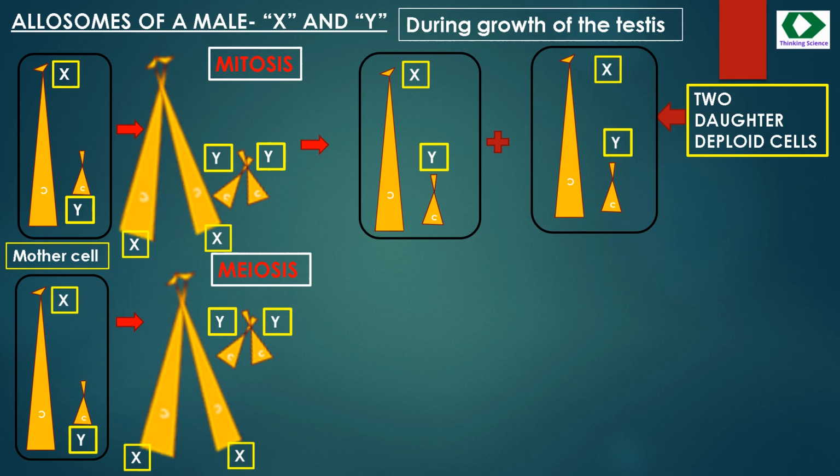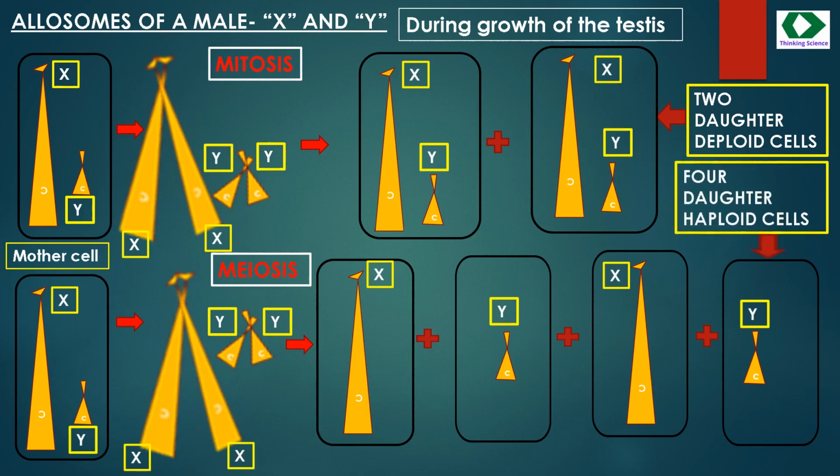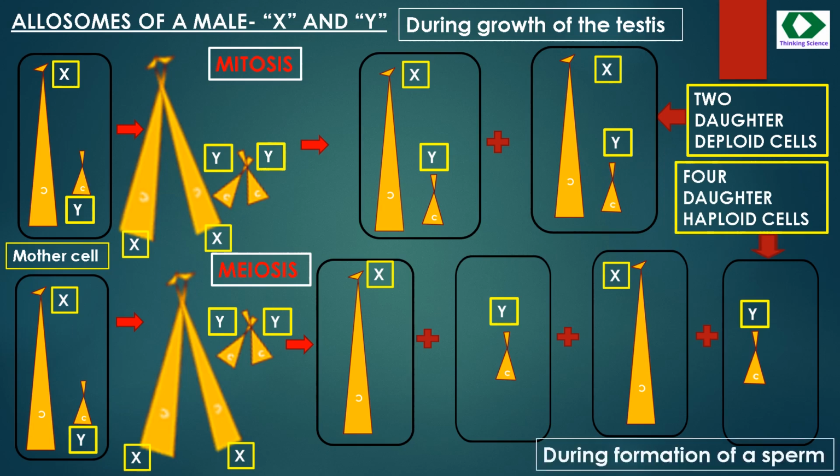That is, the daughter cells will get either X chromosome or Y chromosome. So the total number of daughter cells are 4, and they are all having either an X chromosome or a Y chromosome, and they are all haploid cells. So the mother cell in the testis was diploid. The daughter cells, which are the sperms, are all haploid.